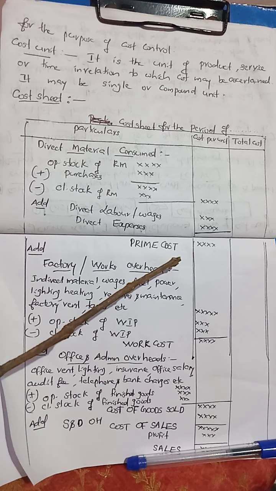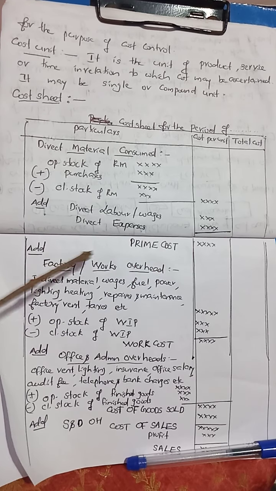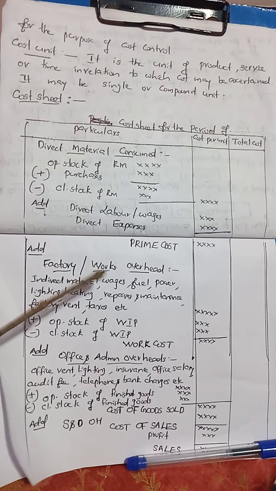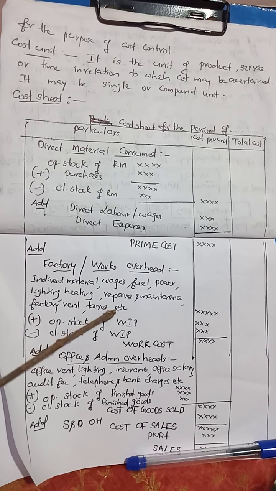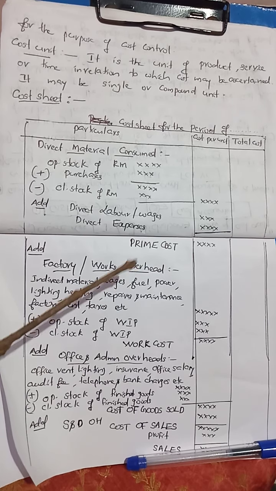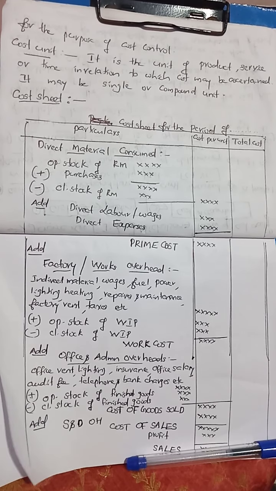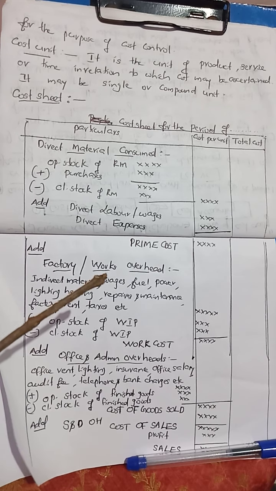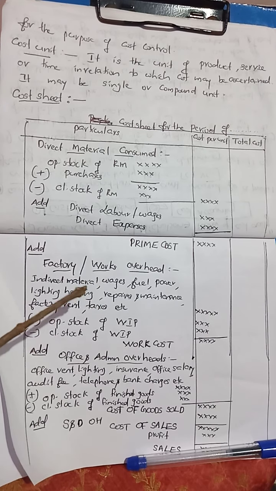Add along with this prime cost the indirect expenses incurred in the factory for producing these 1000 units. So factory overhead or works overhead. Factory or works overhead is the total of all indirect expenses for producing these 1000 articles in the factory.